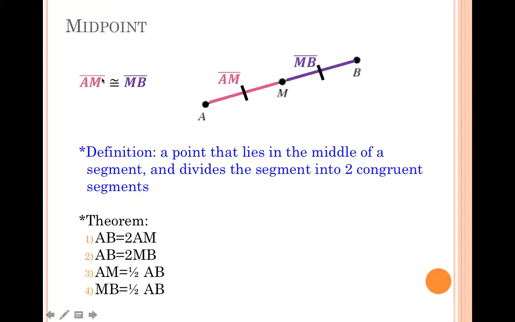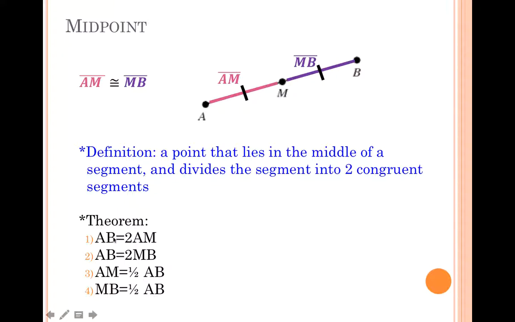When we use congruent symbols, that is talking about an actual object, and they have the same length, but we're not talking about length. We're talking about the actual object in space. So the segment AM has the same length as segment MB, but we're not specifically talking about the length.